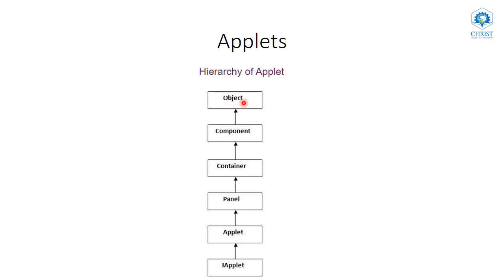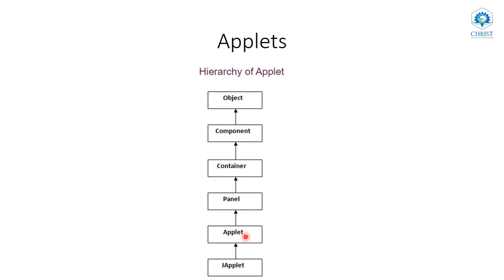Then inside this class we have a subclass Component. The Component class has a subclass Container. The Container class has another subclass Panel, and the Panel class has a subclass Applet, and JApplet is actually a child class of Applet. So see, Applet is coming here.